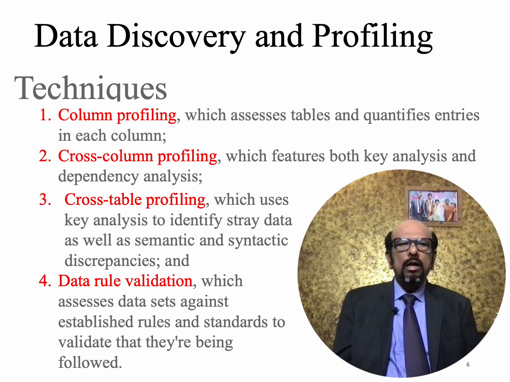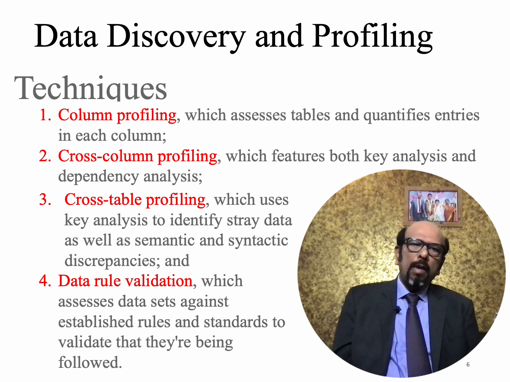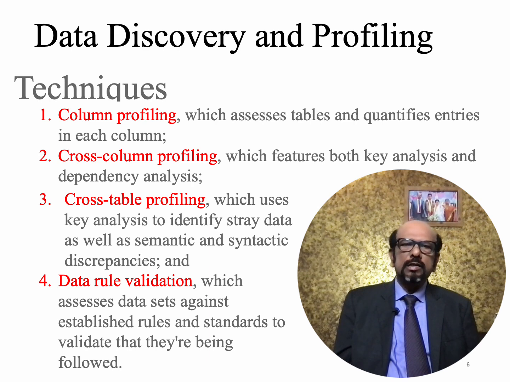Then the third technique is called cross-table profiling. Here there are multiple tables involved. Cross-table profiling uses key analysis to identify stray data as well as semantic and syntactic discrepancies.